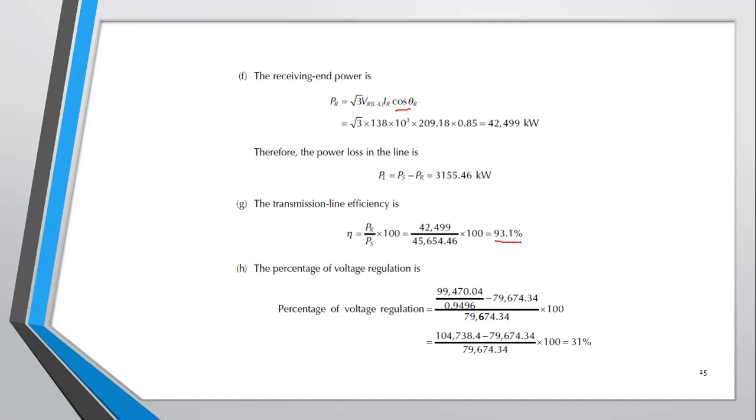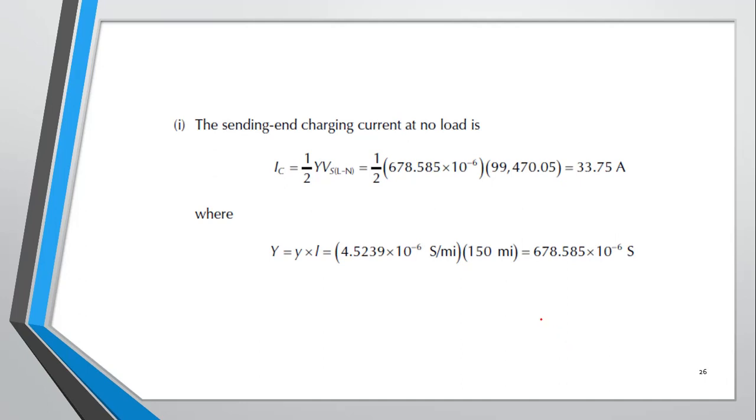Voltage regulation is the sending end voltage divided by A minus receiving end voltage, over receiving end voltage. We can calculate the voltage regulation. Similarly, the sending end charging current IC is 1/2.